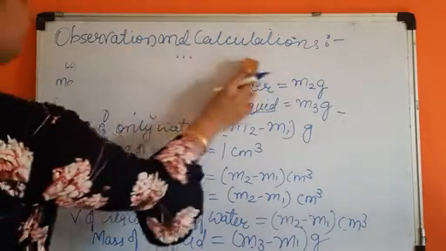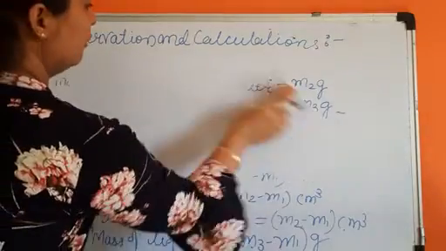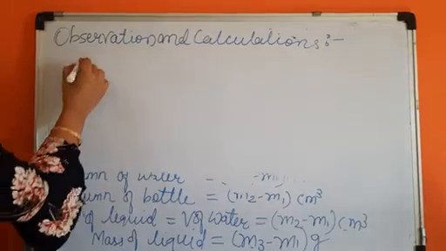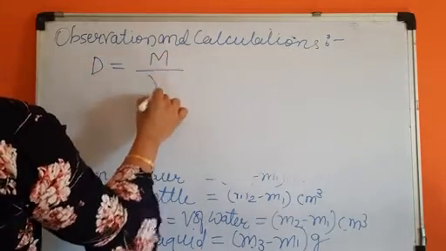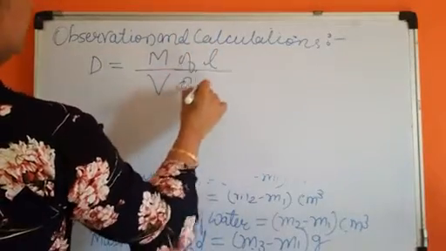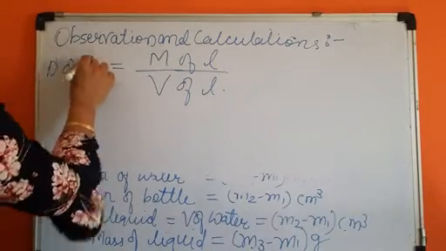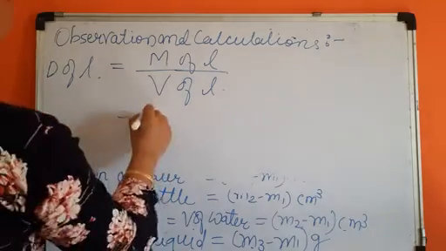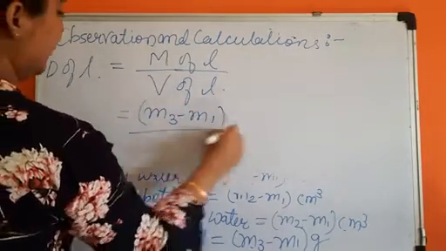Let me show you the formula of the density. D stands for density, M stands for mass of the liquid, and V is the volume of the liquid. Here is the density of the liquid. Mass of the liquid is m3 minus m1 gram.